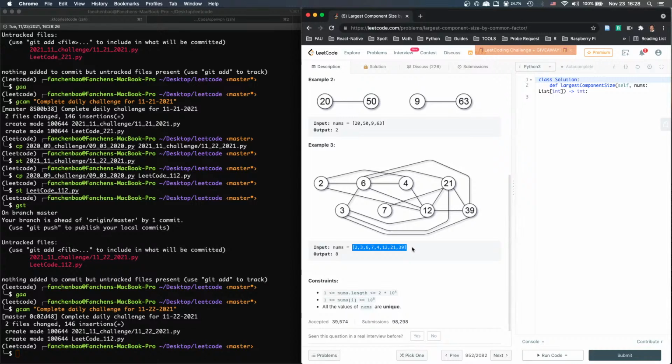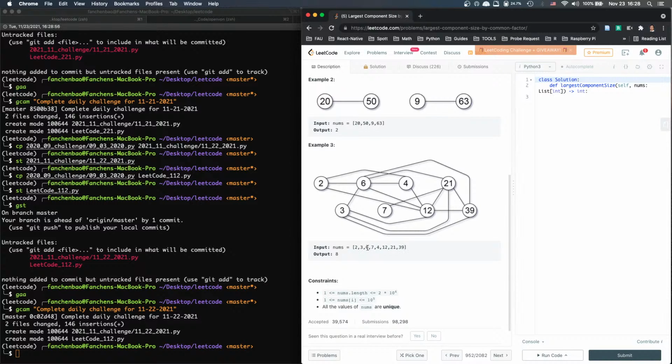Okay. So what we can do, 2 and 6, they share a factor, so they union together. So 2, 4, 2, 12, so they union, right? And then we start from 3. 3, 6 union, 3, 12 union, and everything union.